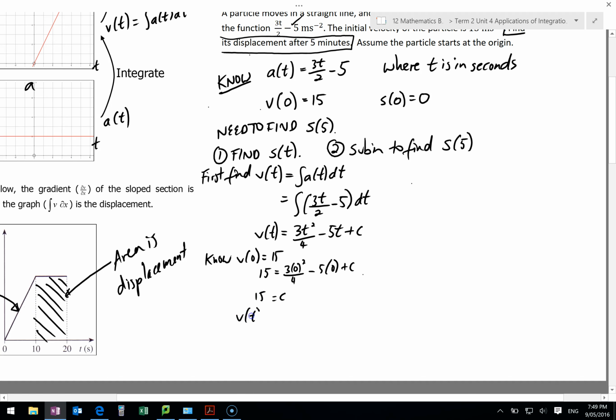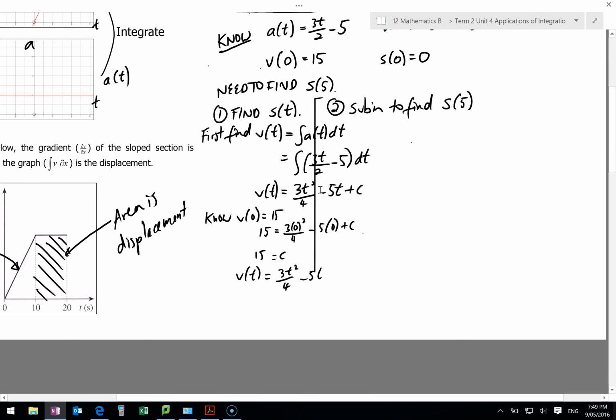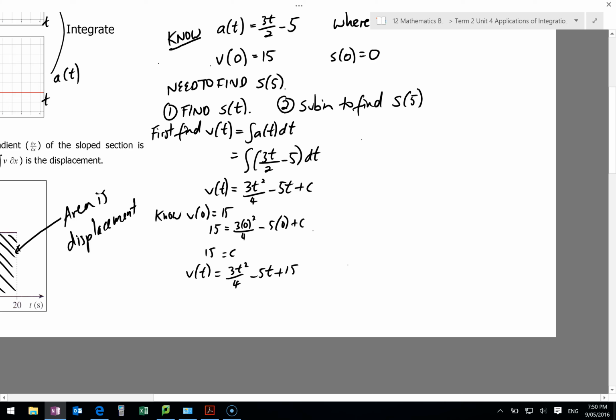So my velocity function is actually 3t squared on 4 minus 5t plus 15. Okay, now that I've found the velocity function, I'll have some chance at finding the displacement.